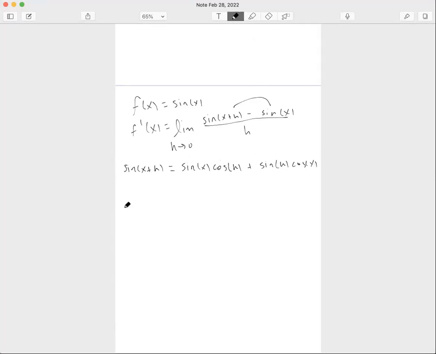So let's put that in: sine of x cosine of h plus sine of h cosine of x, minus sine of x, all over h.